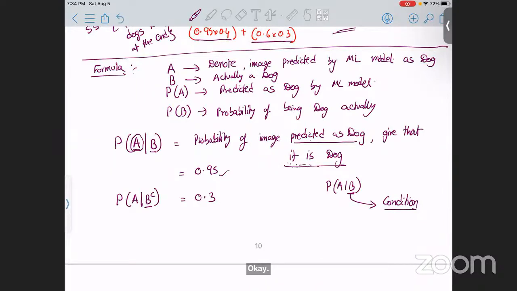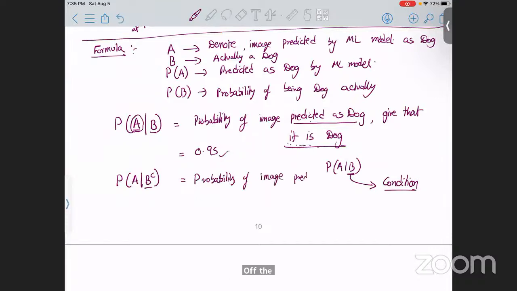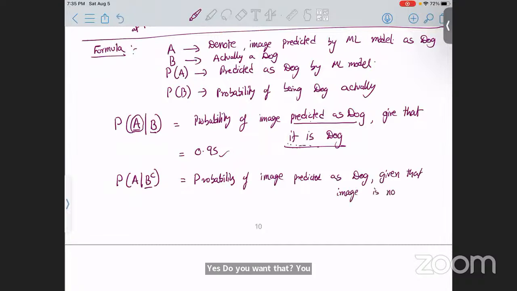Look, probability it is not a dog and it is predicted as a dog. I will write it again. P of A by B complement is probability of image predicted as dog given that image is not a dog.